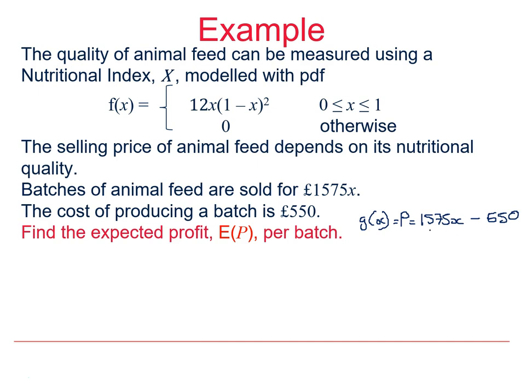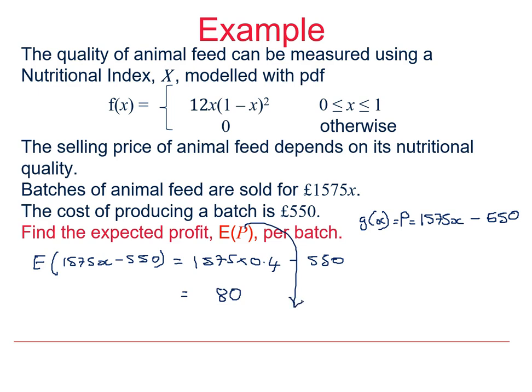So we now have a linear function of x, and we need to find the expected profit E of P, which is simply E of 1575x minus 550, and that will be 1575 multiplied by the expected value of x, which we found is 0.4, minus 550, and that you can verify comes to 80. So the expected profit E of P per batch would be £80.